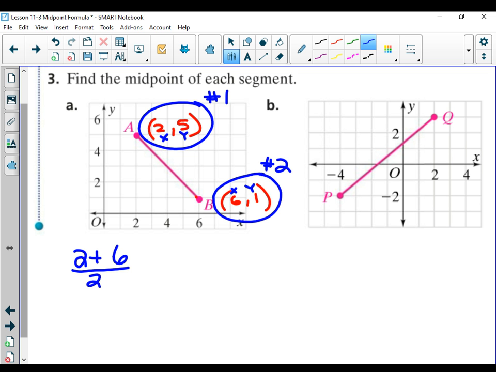Aubrey, nice job. Y from group 1, 5. Y from group 2, 1. Which makes 6. 5 plus 1 divided by 2. Aubrey, she's all over this.